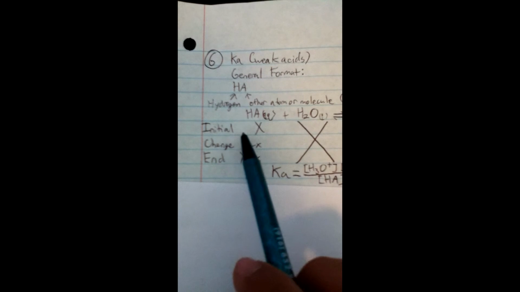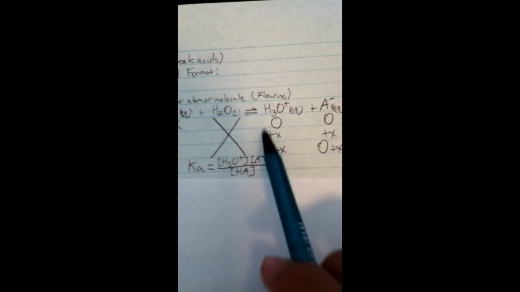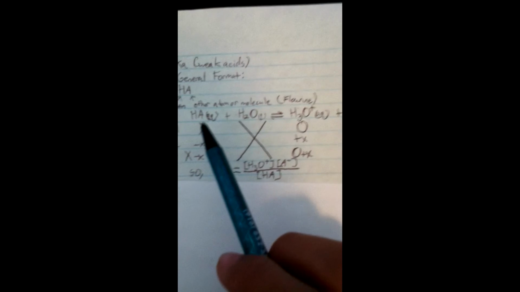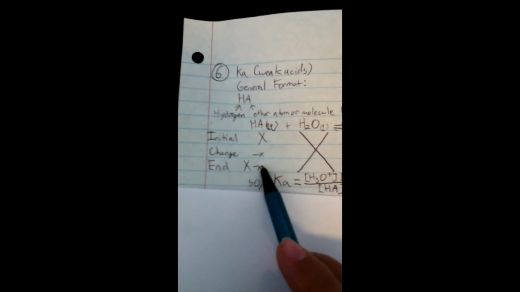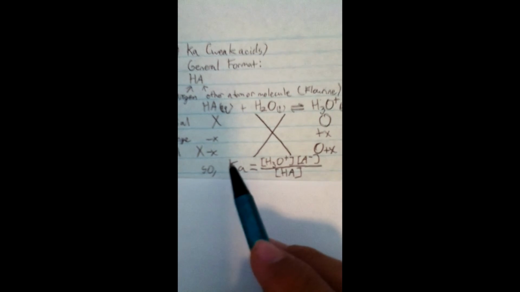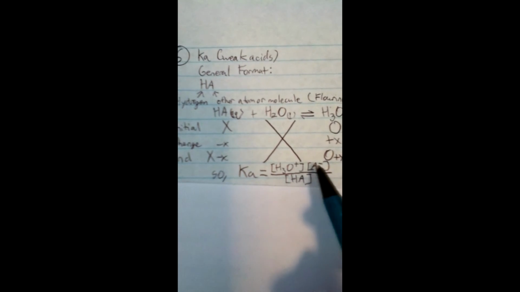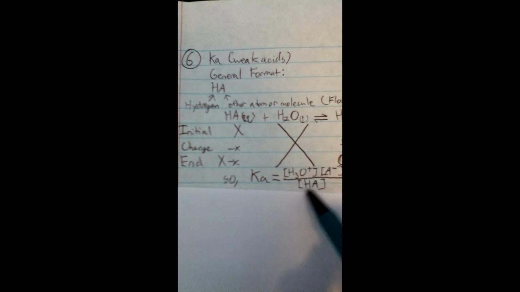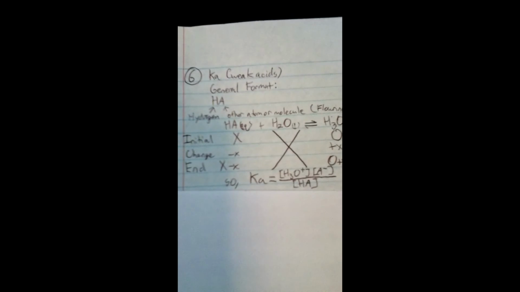Your change in concentration is minus little x, and then your change in these is going to be both plus x and plus x, because this plus x from the H and this plus x from the A negative, or the negative ion. Your end concentration is big X minus little x, and your end concentration for these is 0 plus x. So your Ka equals the concentration of your hydronium ion times your concentration of your negative ion that barely dissociated from your weak acid, over the concentration of the weak acid at the end.